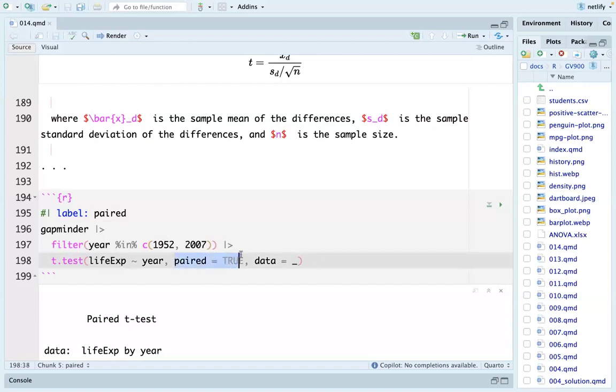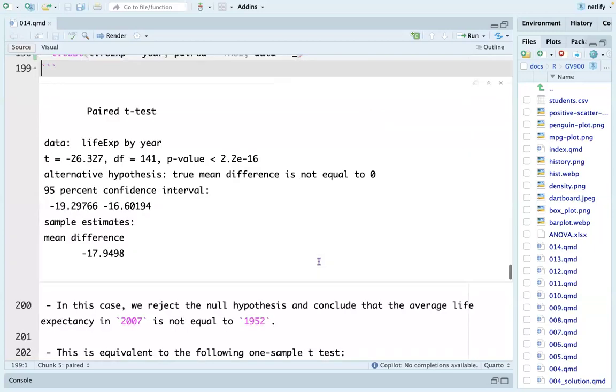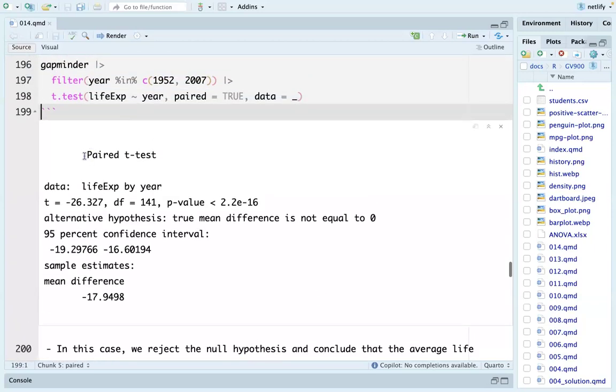Here we add the argument paired equals TRUE, which means we use the paired test. It tells us it's a paired t-test, and the t value is pretty high and the p-value is pretty low. I mean the absolute value is pretty high. It's pretty far away from zero.